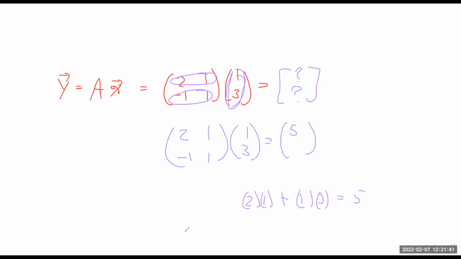Then I do the other one, minus 1 times 1 plus 1 times 3. That's 3 minus 1, which is 2. Do you guys see that? This is just pure mechanics. You just learned this. I give you 30 of these, believe me, you'll know how to do it. So it's pure mechanics.